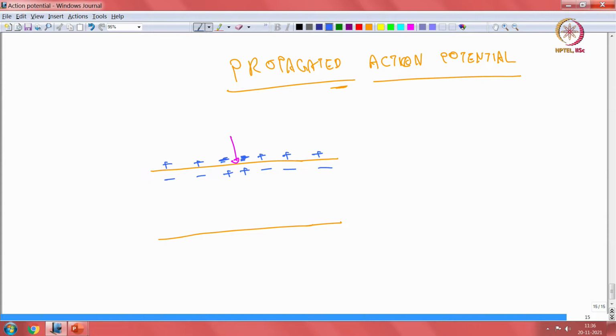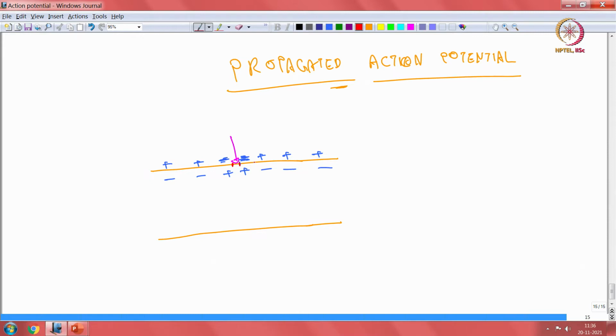Now this particular change does not only influence the sodium channels here, which I will represent with red. These are the sodium channels which I spoke about. The membrane has a rich density of sodium and potassium channels.